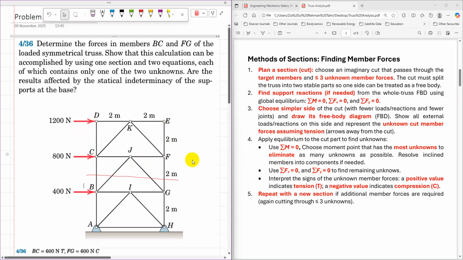It is not possible to find those four unknown member forces BC, BJ, GJ and FG using the method of sections. So passing a section from here is not appropriate, because the problem says two equations, each of which contains only one of the two unknowns. That means only two equations need to be used, each containing only one unknown, and this is not possible here.